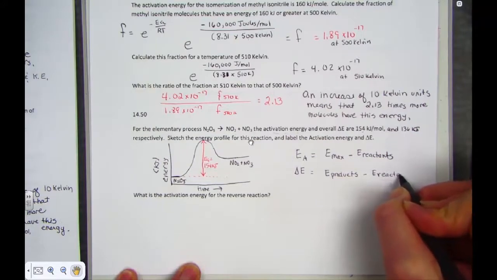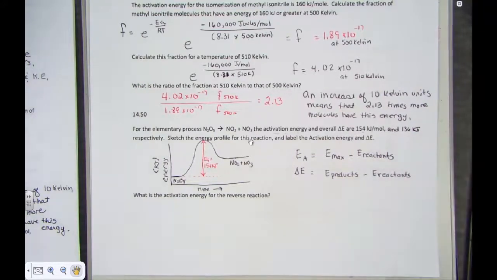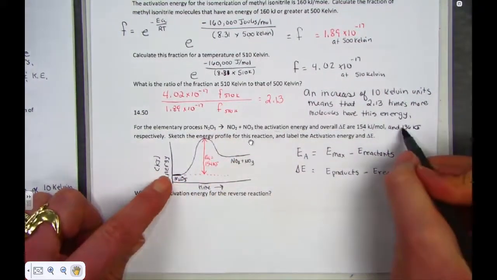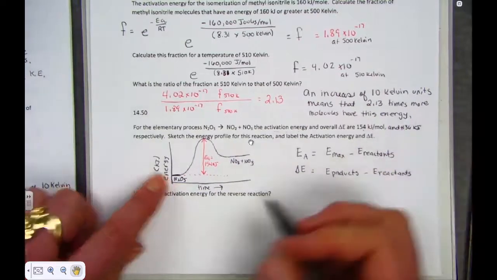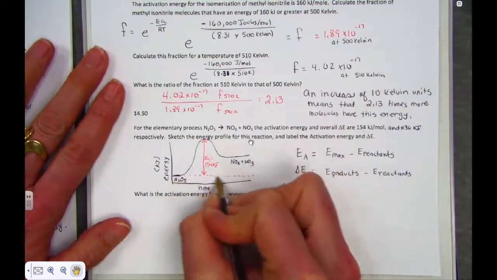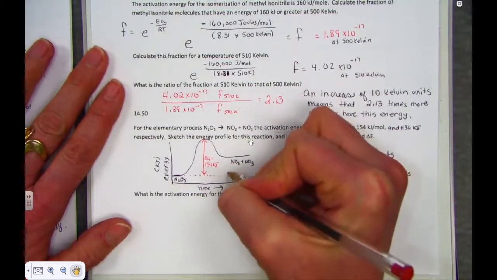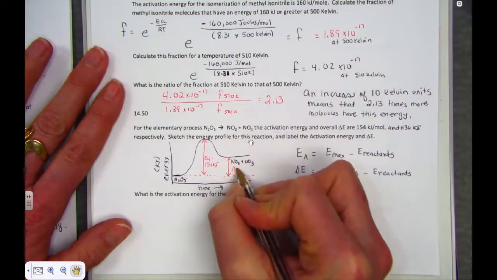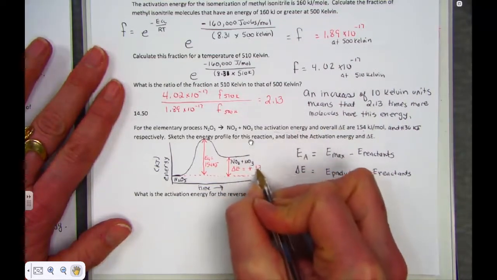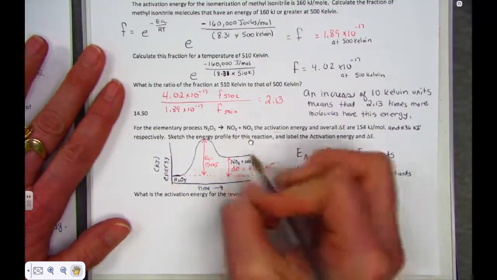And what all that means is when we have been reporting delta E in thermochemical equations, endo or exothermic, this particular reaction looks to be endo, which makes sense because this is a positive value. So from the beginning point where the reactants lie to where the products lie, this is the change in energy for this equation, and that was a positive 136 kilojoules.